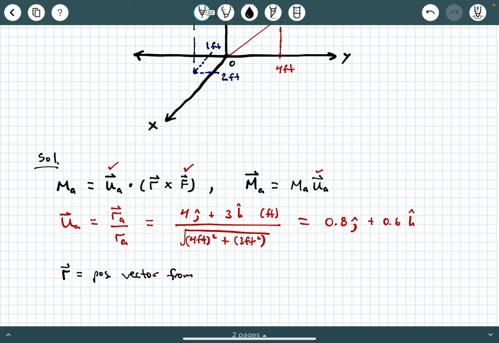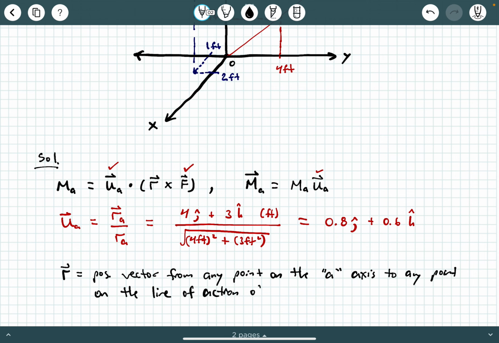From any point on the A-axis to any point on the line of action of F.